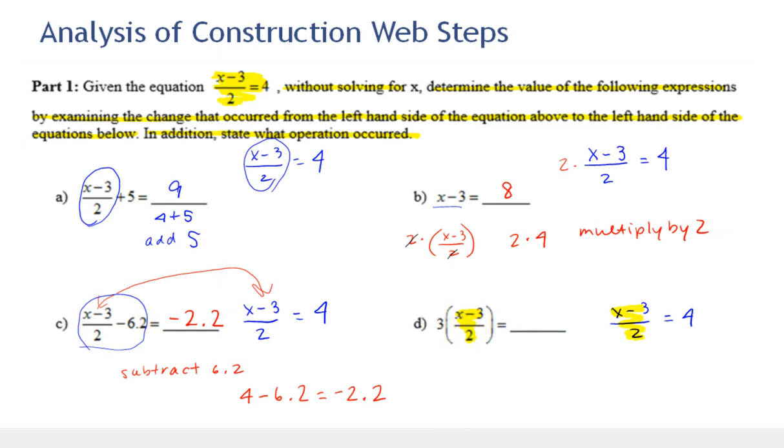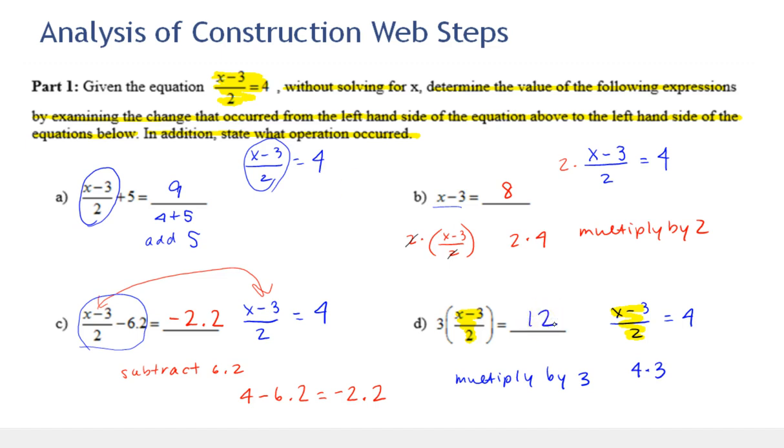So let's write that: we multiply by 3. Well, if we're going to multiply the left-hand side by 3, we have to multiply the right-hand side by 3. So 4 times 3, and the right-hand side is 12.